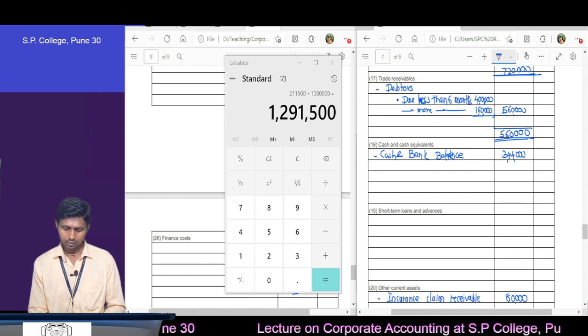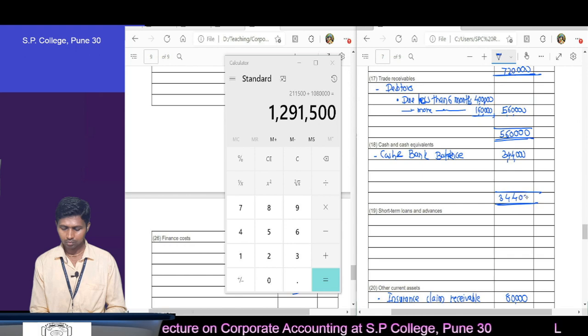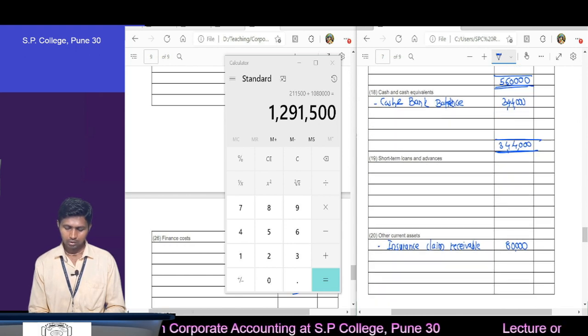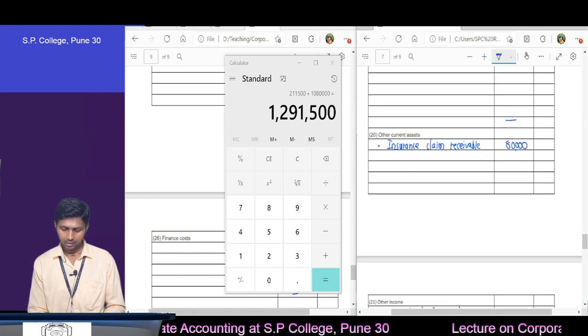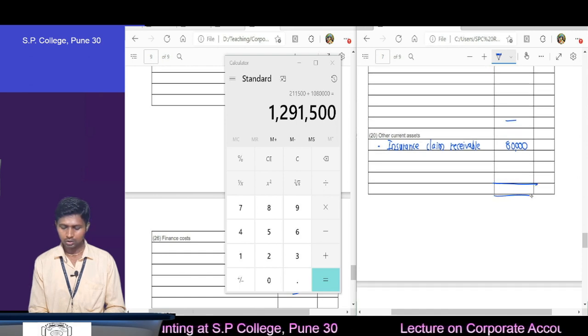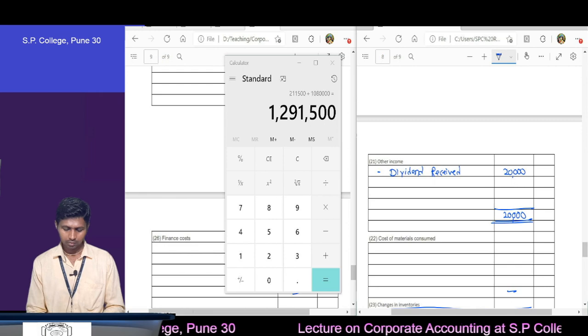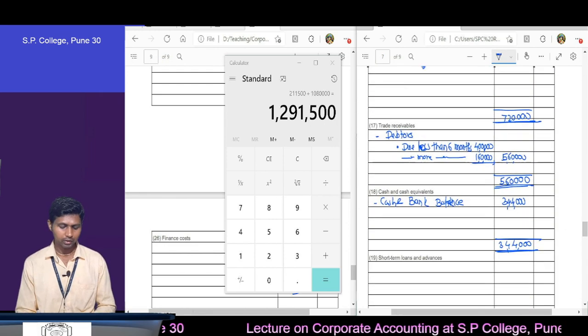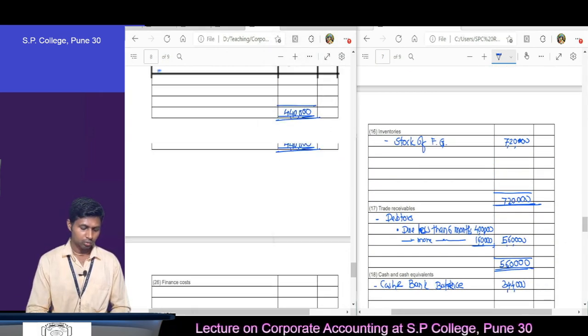Then cash and bank balance 3,44,000. This is the closure stage. In the closure stage, your task is to just take the totals, calculator and you. Note 21 we already closed, therefore no need to close it again.